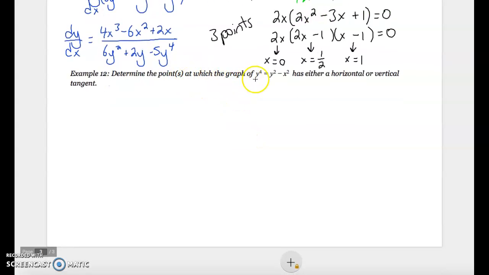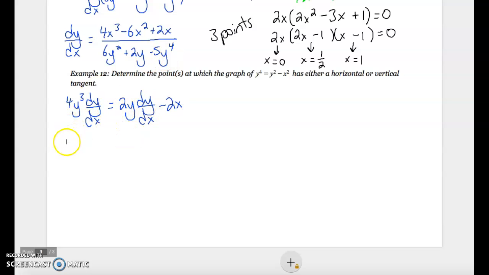All right, last example. Determine the points at which the graph y to the 4th equals y squared minus x squared has either a horizontal or a vertical tangent line. So we're going to go ahead and find dy/dx. So we'll get 4y cubed dy/dx equals 2y dy/dx minus 2x.